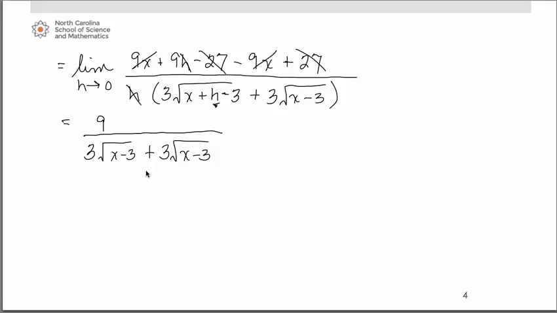So that gives you a 6 times square root of x minus 3 in the denominator, which of course will simplify in the end to 3 over 2 square root x minus 3. Now that seemed like a whole lot of work to go through to get to the derivative. Soon you shall have some quote-unquote shortcuts that will enable you to get to this answer in just 1 or 2 steps. And you won't really have to go through all of the algebra, as nice as it is, that you saw here.